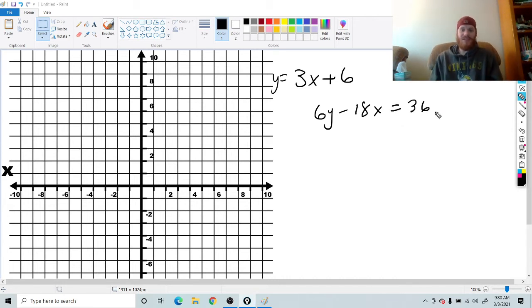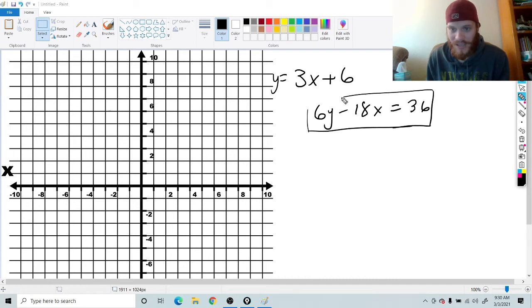Right? Again, we make something like this, and you have to solve this. Don't panic. Okay, this is in a standard form. You can actually turn this into the y equals 3x plus 6 form. The way you do that is you solve for y and get it by itself. You can handle that.